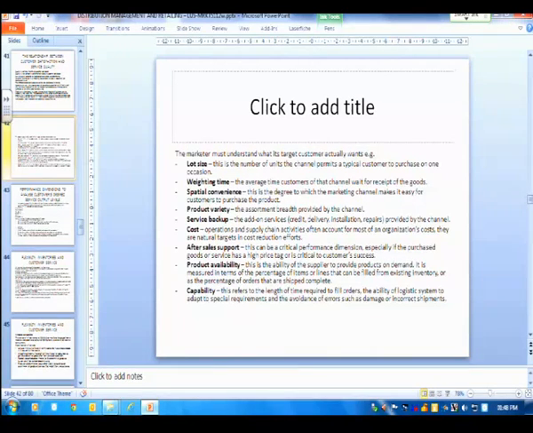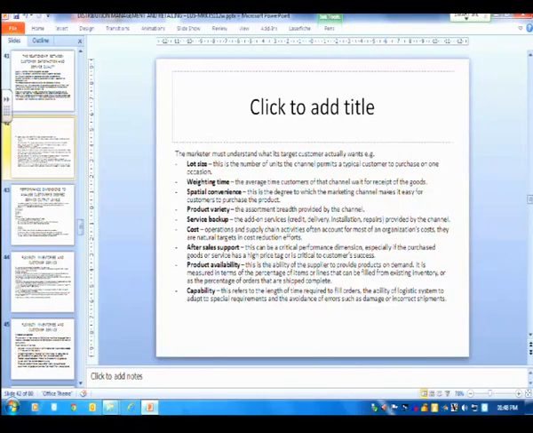Product availability. This is the ability of the supplier to provide products on demand. It is measured in terms of the percentage of items or lines that can be filled from existing inventory, or as the percentage of orders that are shipped complete.